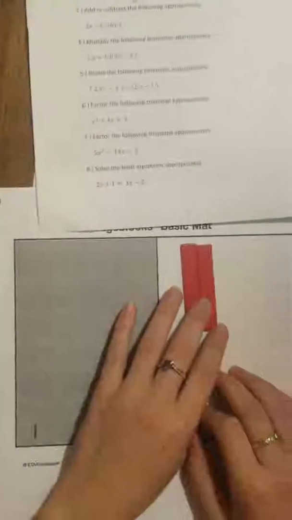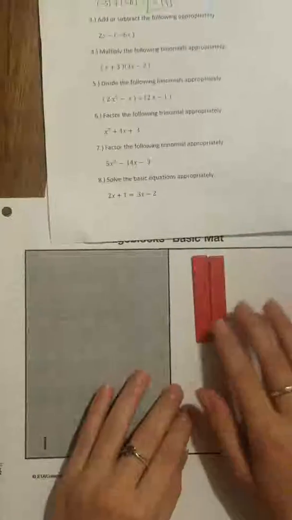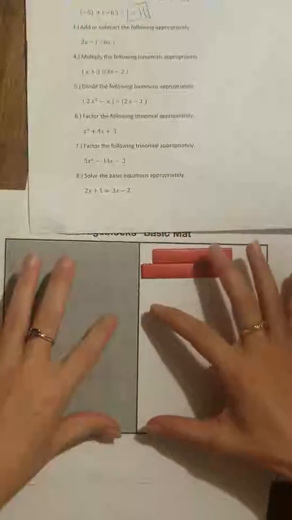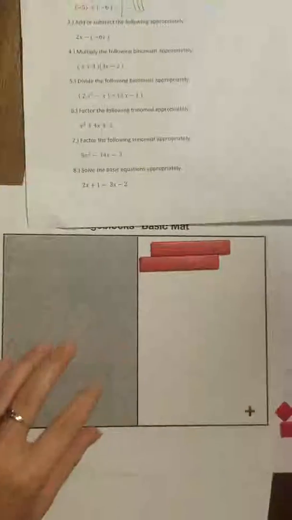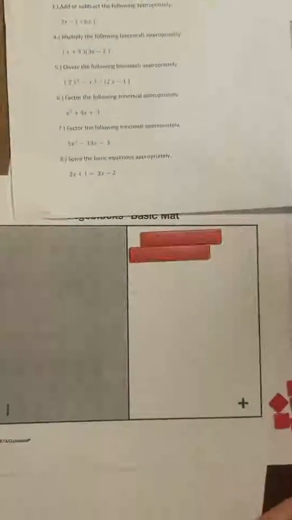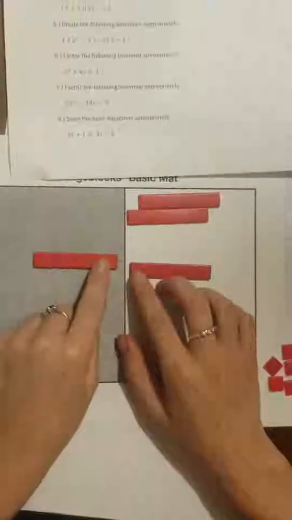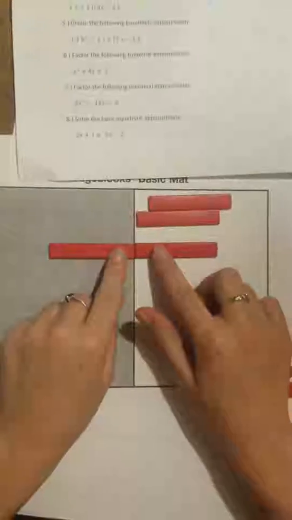See, because we don't have that negative 6, we're going to have to make 6 zero pairs. And this is what it looks like. See how one's on the negative side and one's on the positive side like that? That's a zero pair.